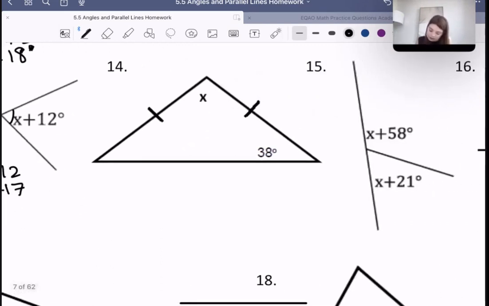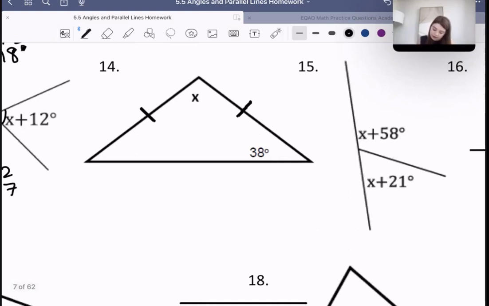And 14 is similar to 12, where we know that these two angles must be the same, right? And we know one of them is 38 degrees, so the other must be 38 degrees. Now, how do we know that? We know that because this is an isosceles triangle. These lines indicate to us that these two are the same thing. And so we're good. So how do we do this?